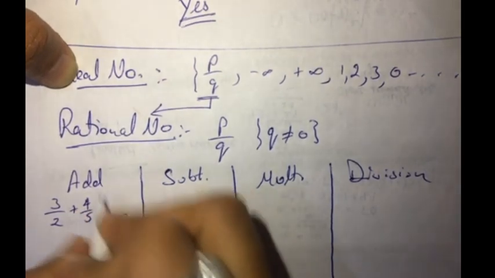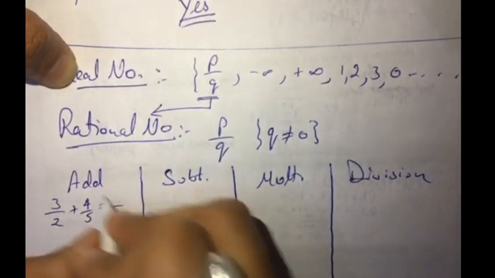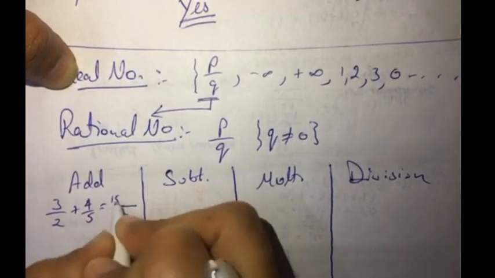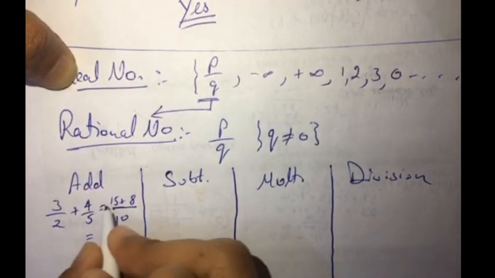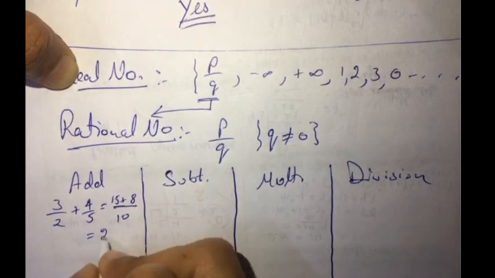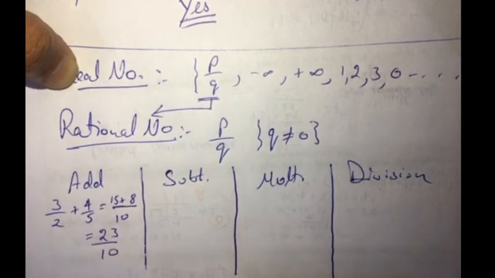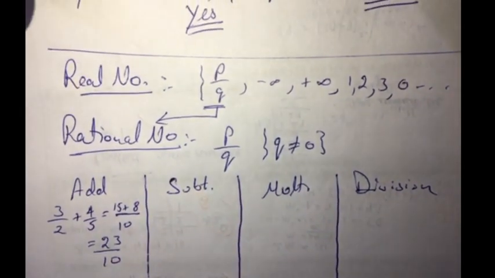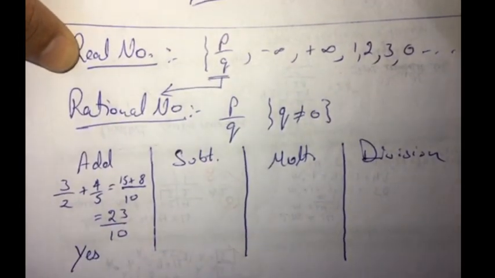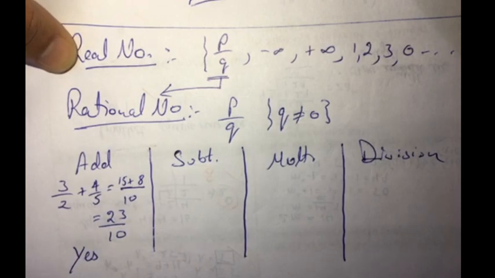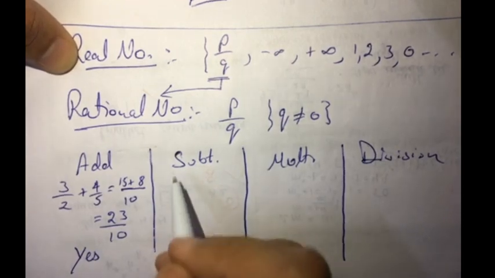The LCM will be 10 on the bottom. 3 into 5, 15, 4 into 2, 8. The result will be 15 plus 8 gives you 23 upon 10, which is again a rational form. So yes, closure property works in addition in rational numbers.